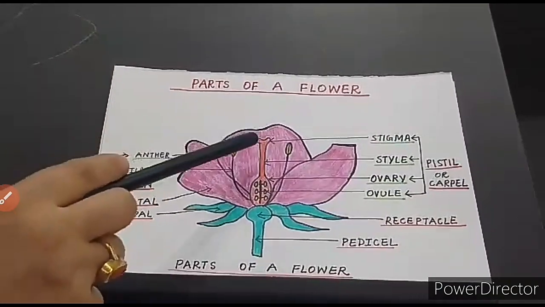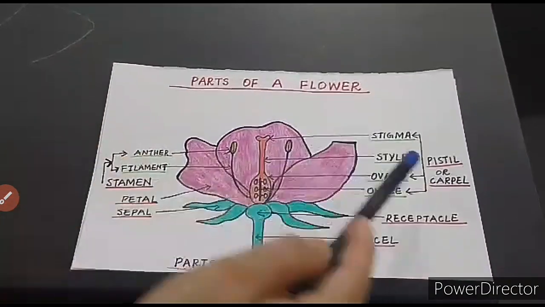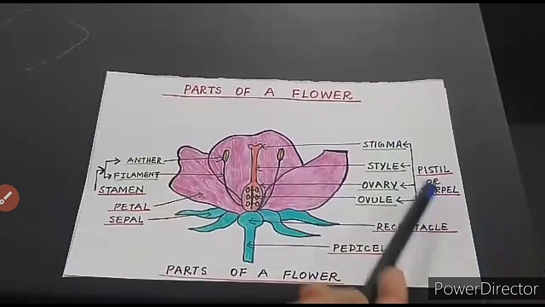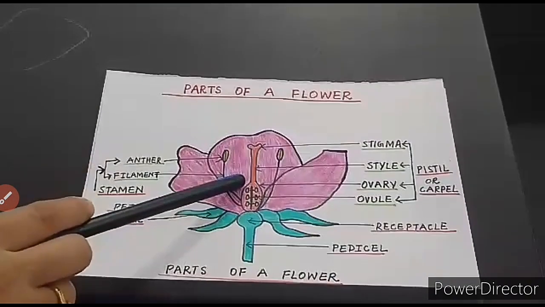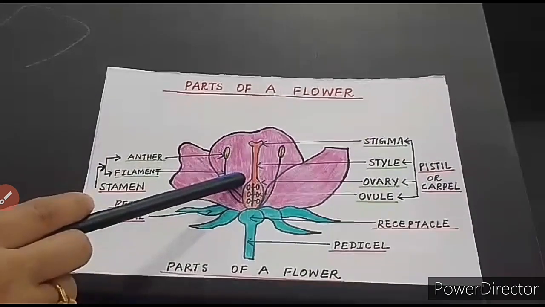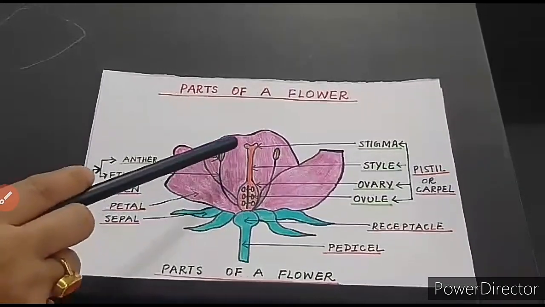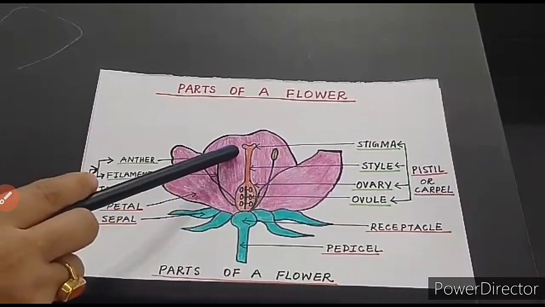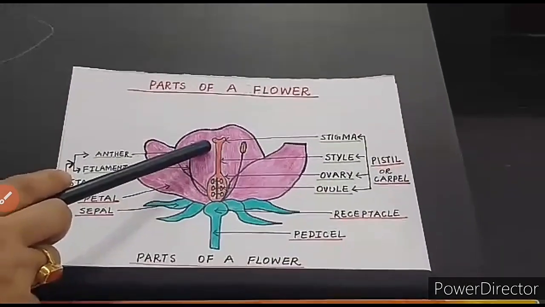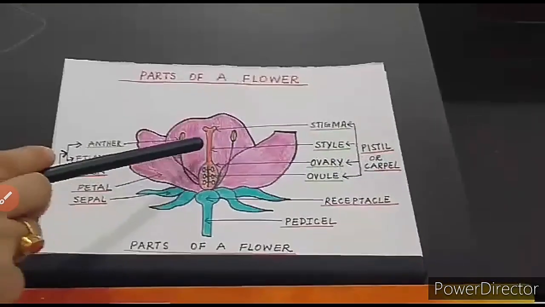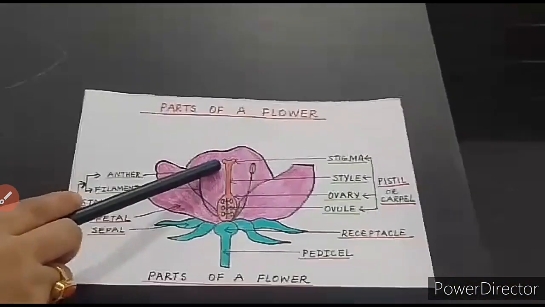Okay, this anther stores pollen grains, and now this part is called the pistil or carpels. It is the female reproductive part of the plant. Now let us know about these parts. It is also divided into several parts. The top swollen part is called the stigma.